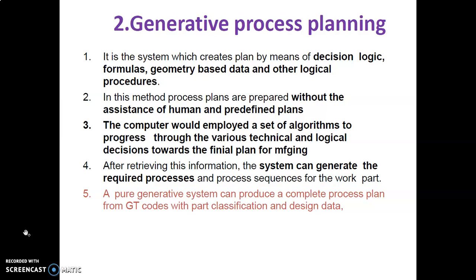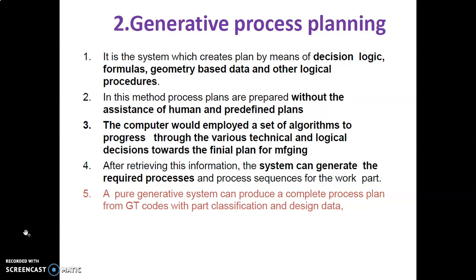After retrieving this information, the system can generate the required process and process sequence for the work part. The pure generative system can produce a complete process plan from GT (group technology) code with the part classification and design that you can see in this.